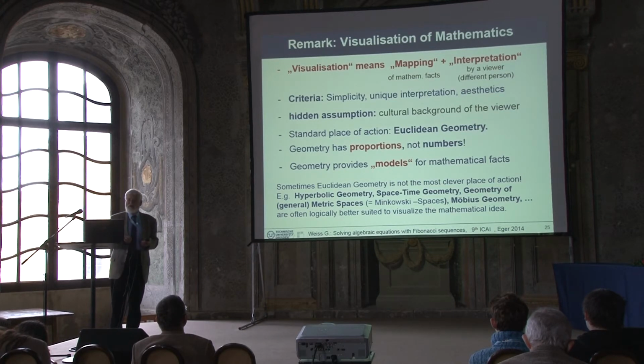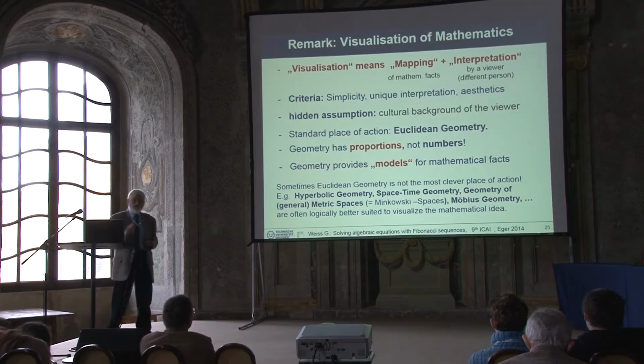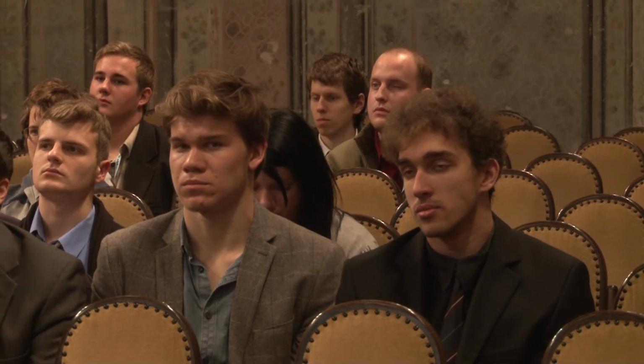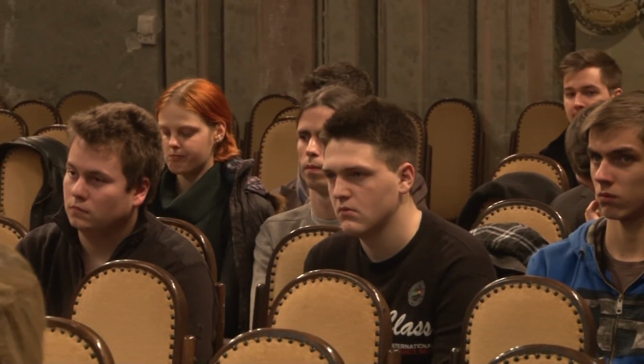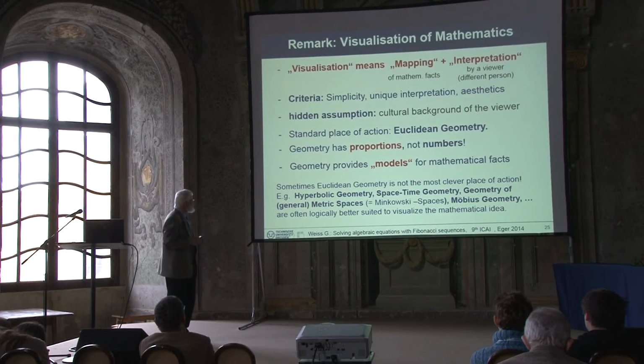Sometimes Euclidean geometry is not the most clever place of action. For example, hyperbolic geometry might be better because it says more about the mathematical fact. And here we have it: hyperbolic geometry, space-time geometry, geometry of metric spaces, which we call Minkowski spaces, or Möbius geometry. They are logically better suited models to the mathematical facts.